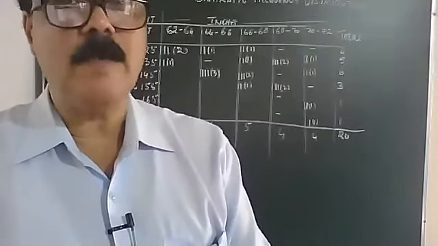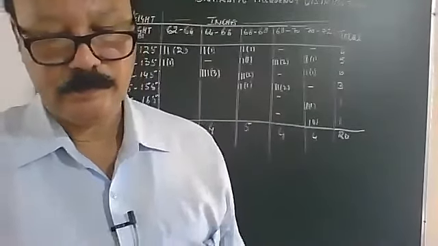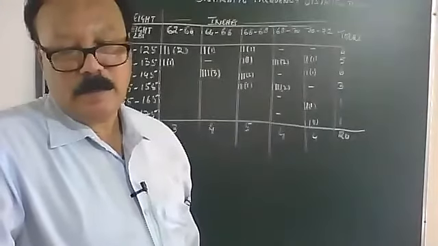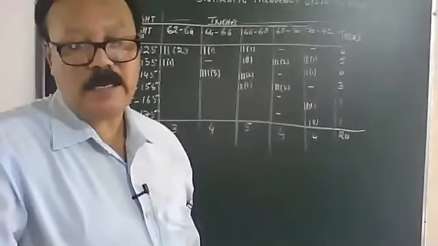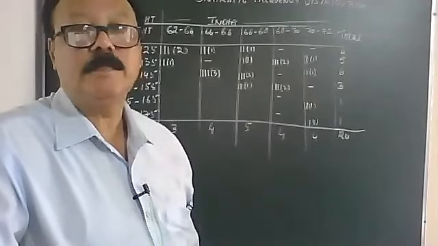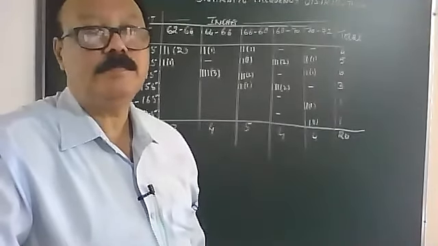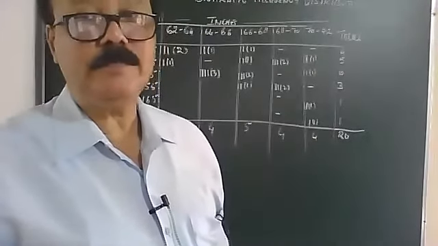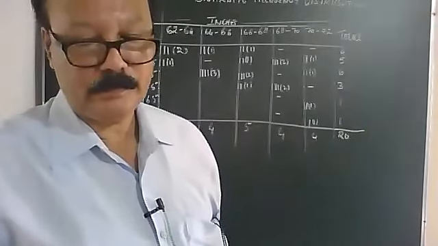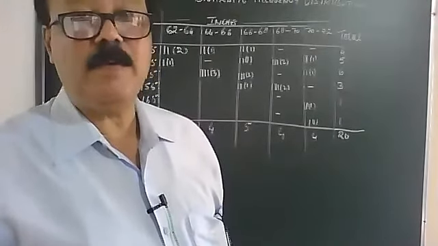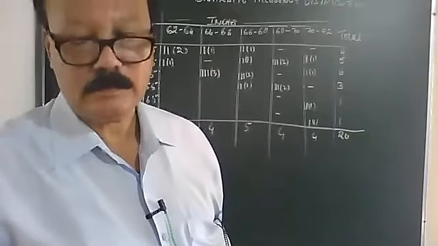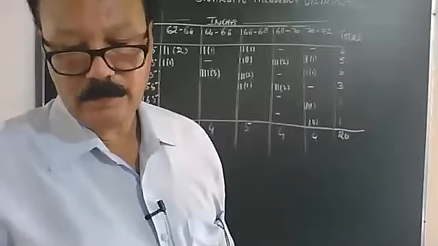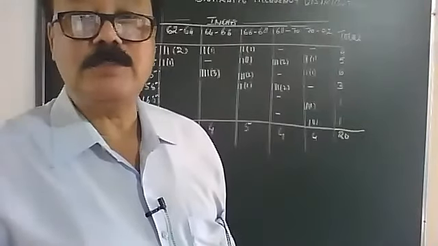Third question from your book. What is a variable? Distinguish between a discrete and a continuous variable. Third question. A variable is a unit which is capable of being measured in numerical terms.